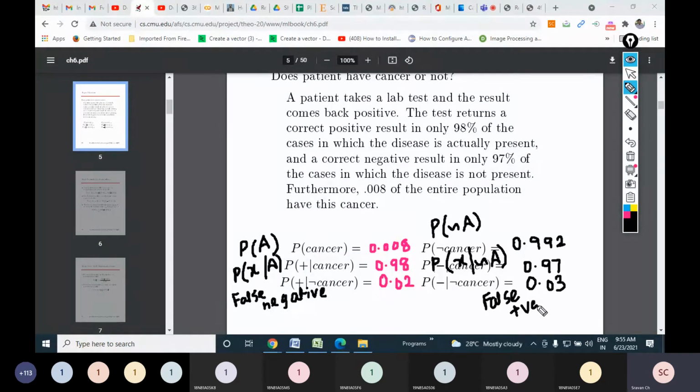If the test report says that this fellow has got cancer, I cannot blindly believe that yes, he has got cancer, because the probability of positive results accuracy is only 98%. I don't know whether he falls under that 98% cases or he falls under the 2% case.